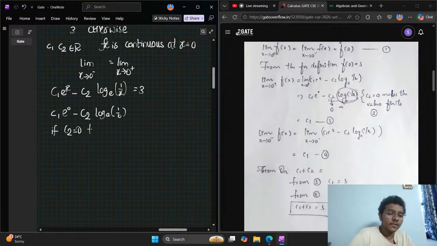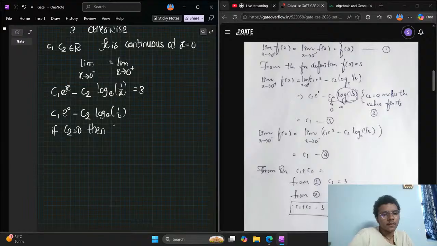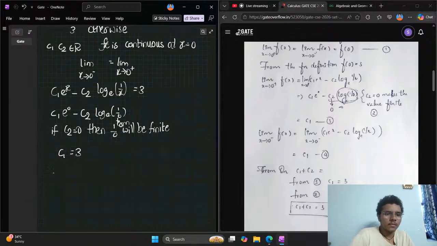If C2 is equal to 0, then the 1 by 0 term will be finite. C1 is equal to 3.